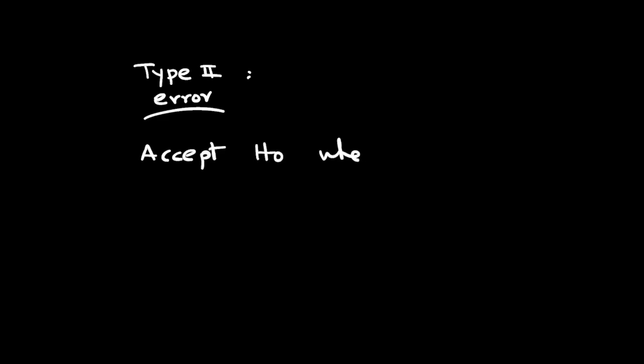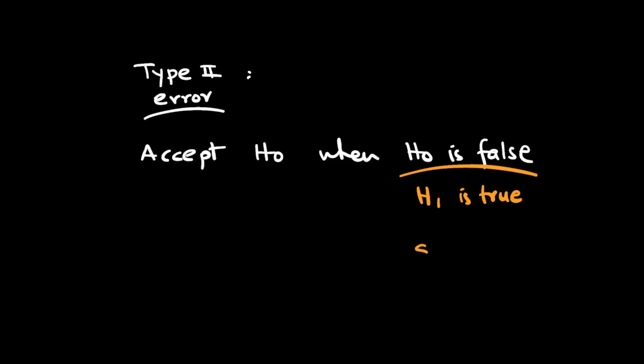Now, let me explain in the context of the question, what do we mean by type 2 error? First of all, the definition, that is accept H0 when H0 is false. When H0 is false, by default H1 is true, which means that the sales of the drink have actually increased. But what are we accepting?